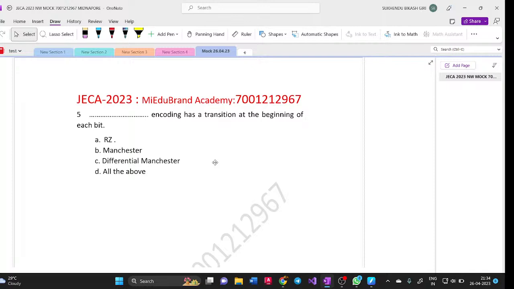So the right answer is option C, differential Manchester encoding technique.